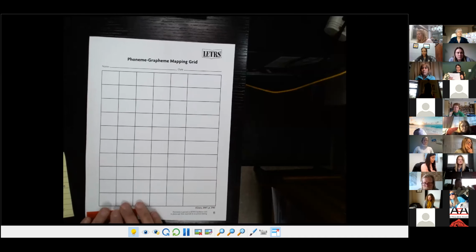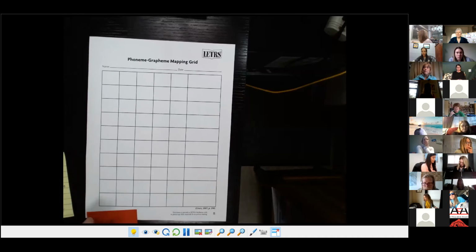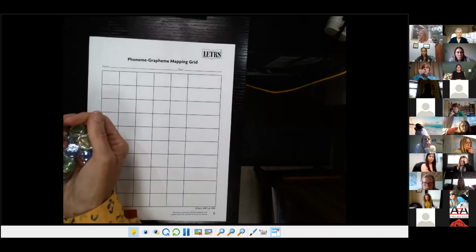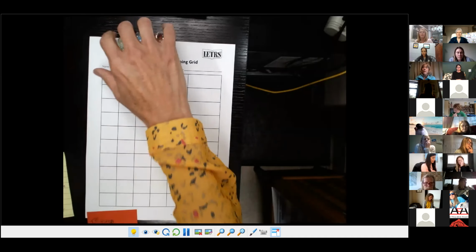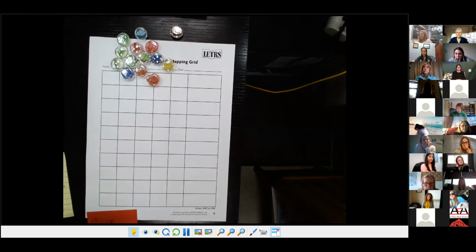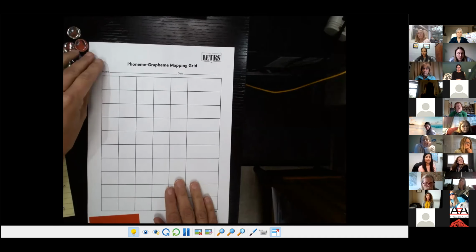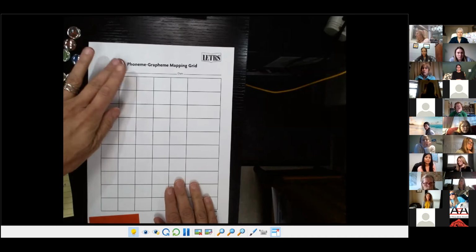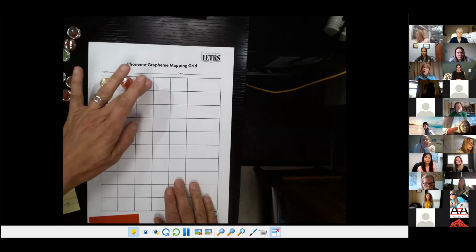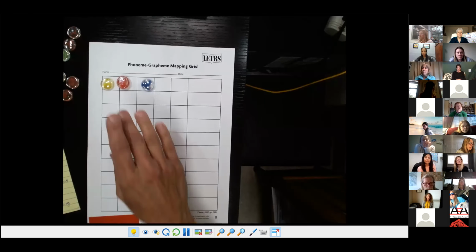So I'm going to model for you how to map the sounds of pitch. Get my fun little beads. You guys love these things. Okay. So the word was pitch. I'm going to put one sound in each block. That word is pitch.